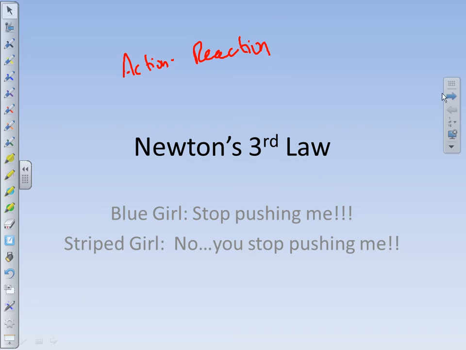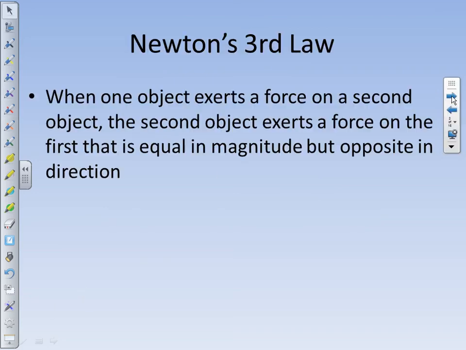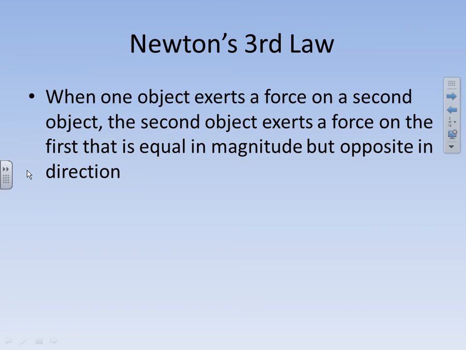Newton's third law, as stated, sounds like this. When one object exerts a force on a second object, the second object exerts a force on the first that is equal in magnitude but opposite in direction.